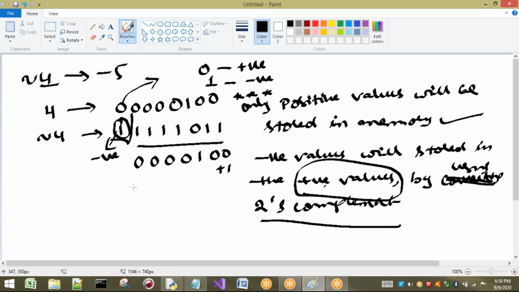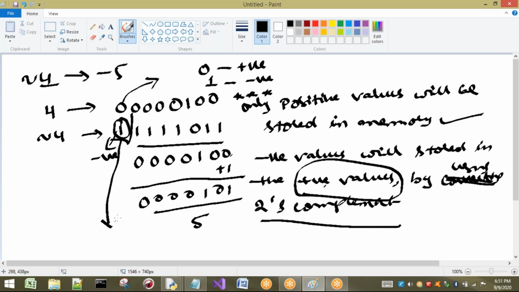If I perform plus 1 to the 1's complement, it will become the 2's complement. 1 0 1 0 0 0 0. What is this value? This value is 5. So here I have to take the sign as negative. Okay, right. This is one example. Don't worry, if you are unable to understand this one, I will repeat the same thing once again.